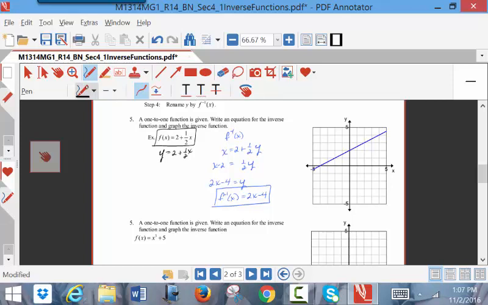So now to graph these things, if this is the point on the line, negative 4, 0, the inverse function will go through 0, negative 4. If this is another point, negative 2, positive 1, the inverse function would go through 1, negative 2.